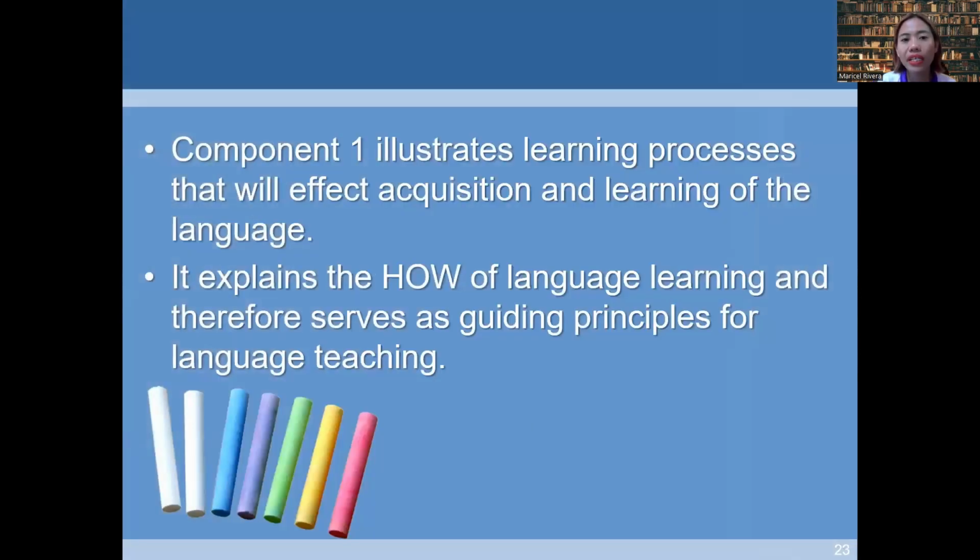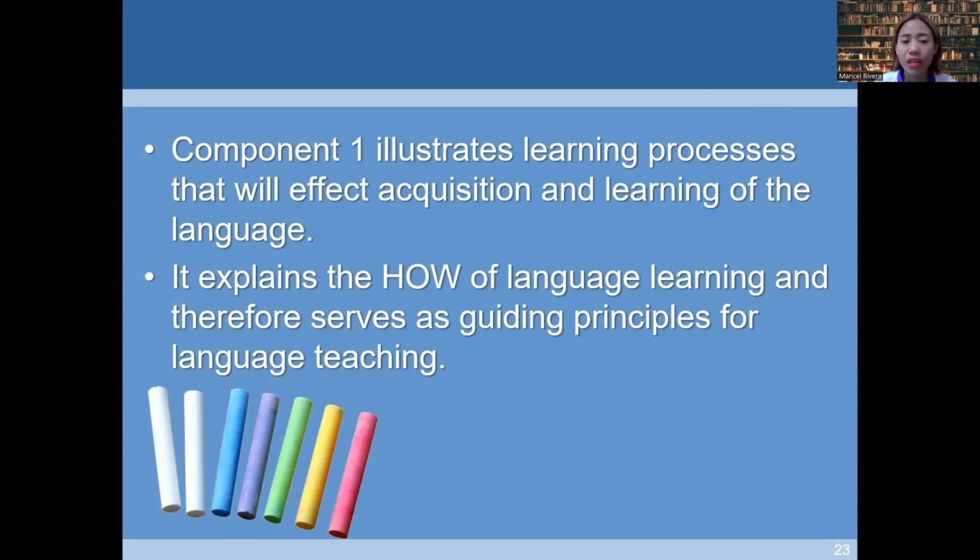Now, component 1 illustrates the learning processes that will affect acquisition and learning of the language. So here in component 1, it is explained the how of language learning. So how would we be able to learn language? And therefore, it serves as the guiding principles for language teaching. So how should teachers teach the language to the students?